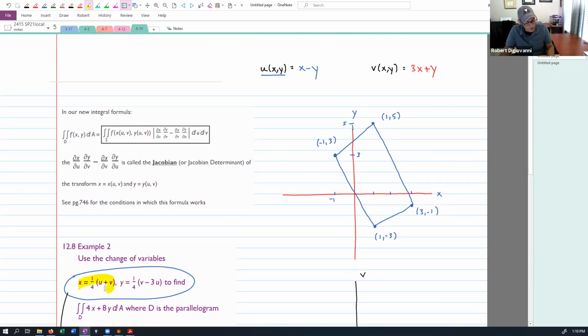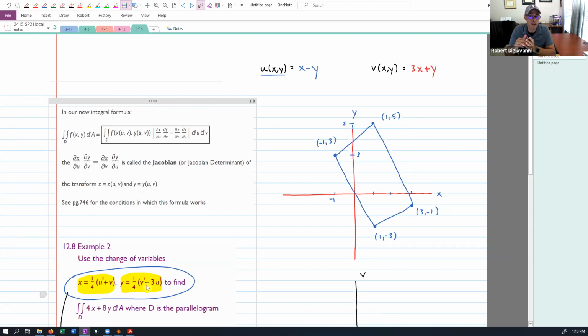If you look at these change of variables that we were given, we were told, let's change the variables in this manner. These are called linear transformations. And the reason they're linear is because the variables here, u and v, are both to the first power.